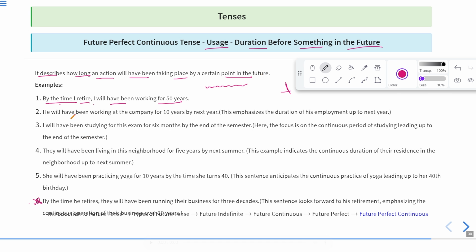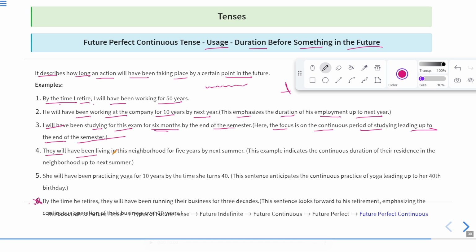Okay. He will have been working at the company for 10 years by the next year. This emphasizes the duration of his employment up to next year. Okay. I will have been studying for this exam for 6 months by the end of the semester. Here the focus is on the continuous period of studying leading up to the end of the semester. It means her semester will end in 6 months. Okay.